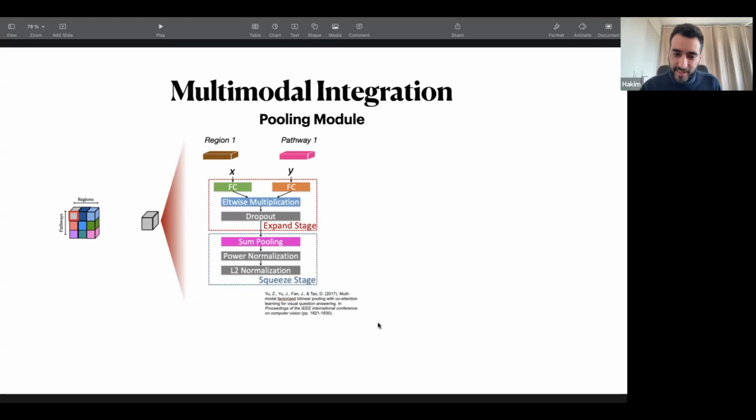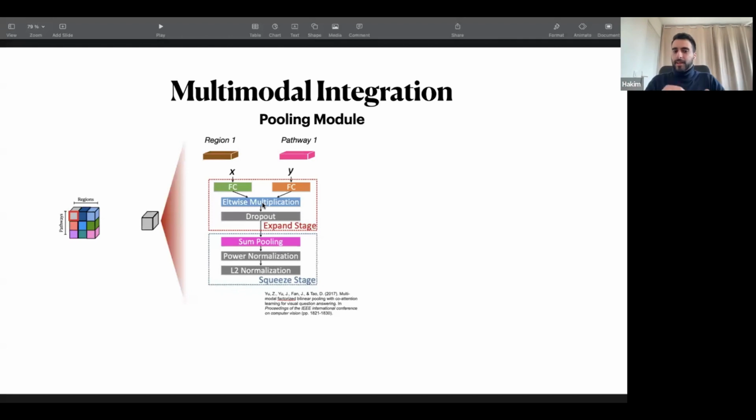for better applicability. So the idea was just to use the pooling module introduced in the multimodal factorized bilinear pooling with co-attention learning for visual question and answering. Each modality goes through a fully connected layer of its own.